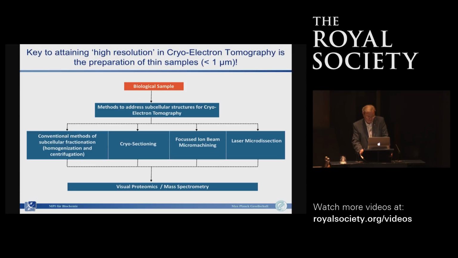It's very difficult to convince a graduate student to do it. But the real problem is that amorphous ice is quite compressible. So if you physically section ice with a knife, you get compressions amounting to something like 30 or 40%. And that means subtomogram averaging is not really applicable anymore.